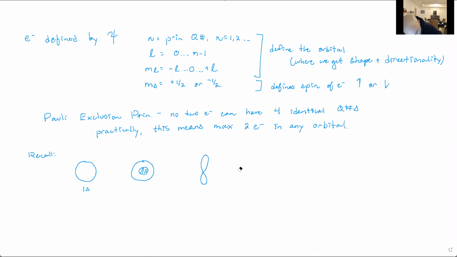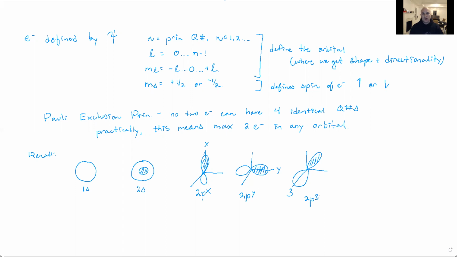So this is 2s, and then x, y, z. Okay, 2px, 2py, and 2pz.